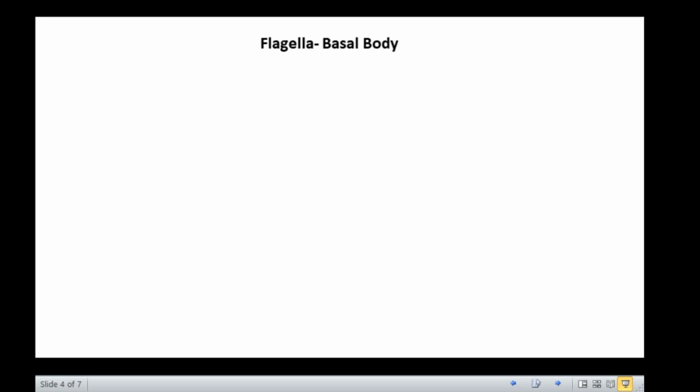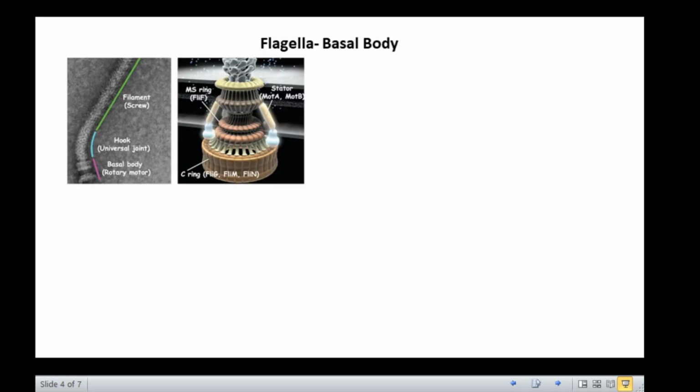We have just seen that the flagella is made of filament, hook and basal body. Let us understand the structure of the basal body slightly more in detail. The basal body acts as a molecular motor which enables the flagellum to rotate and propel the bacterium through the surrounding medium.